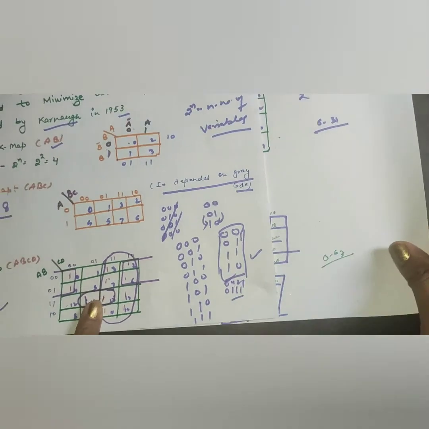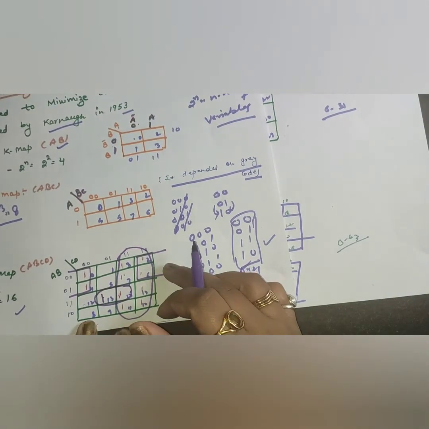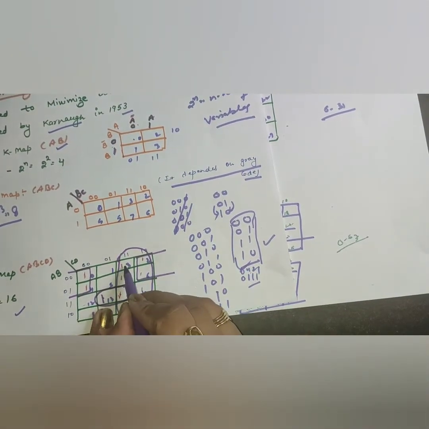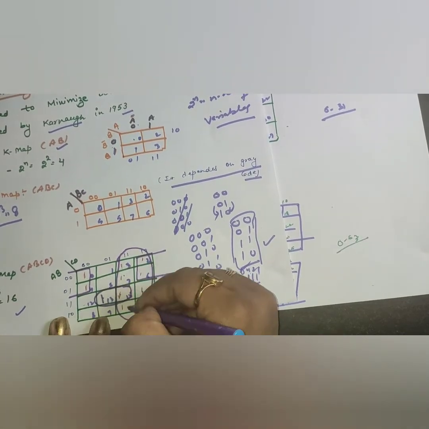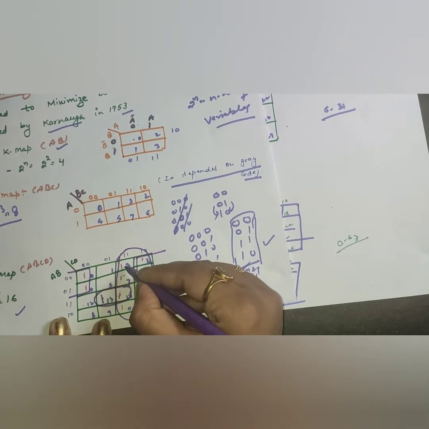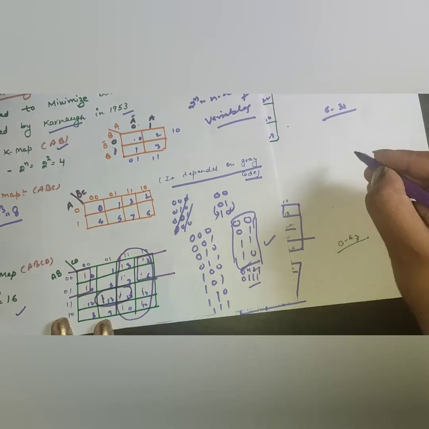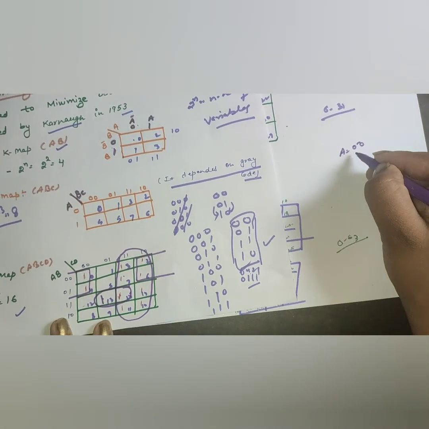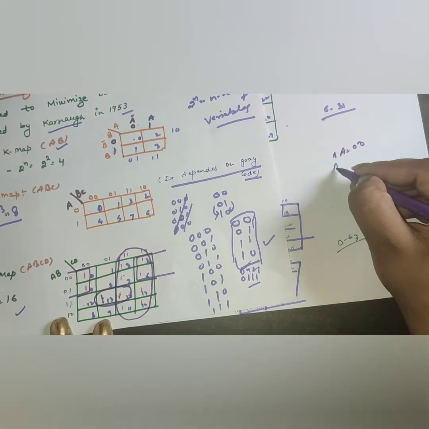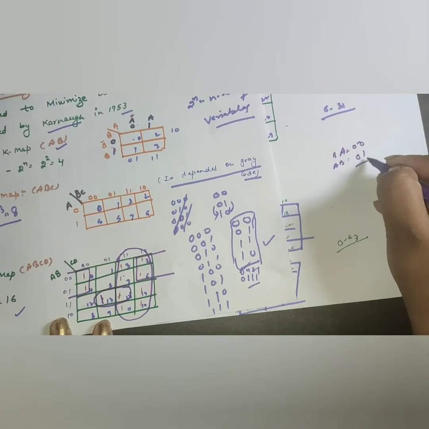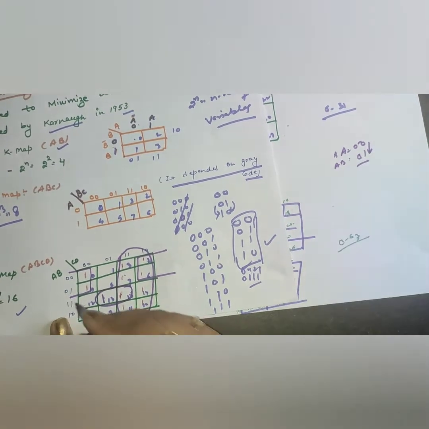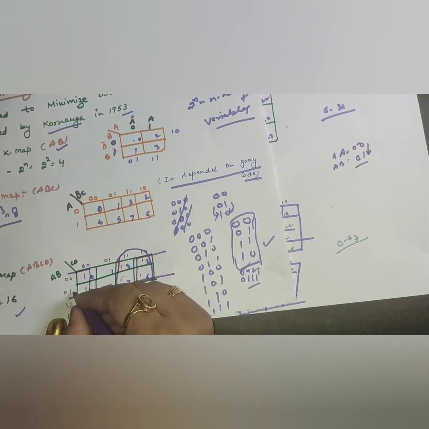You can check here. Let's suppose we have this group. First we check the vertical in this, this to this: 0 to 0, A will be 0, A is 0 0, AB, and AB is 0 1. So 0 to 1, B is going 0 to 1.